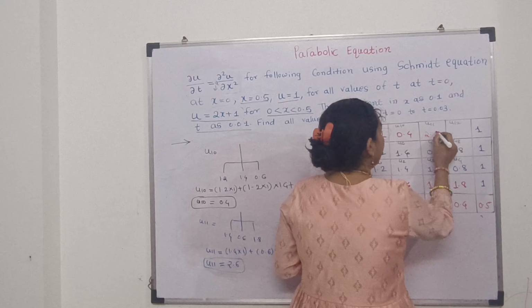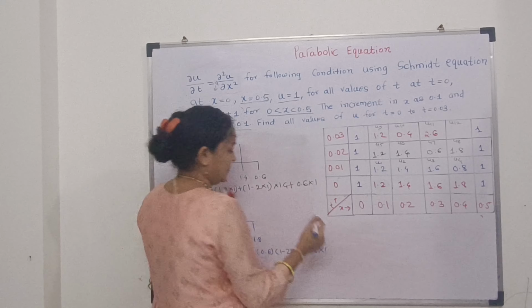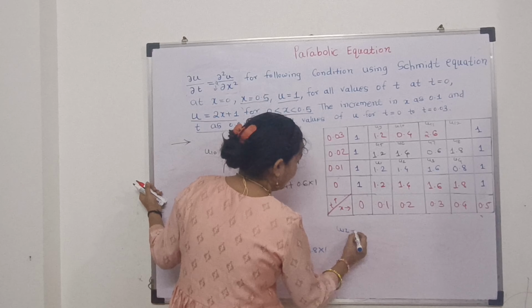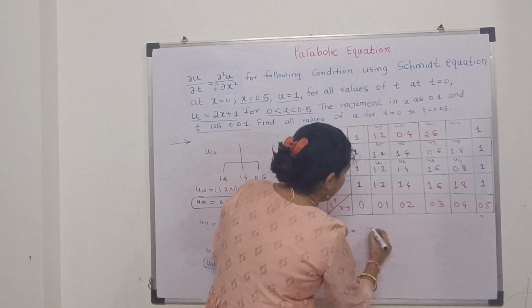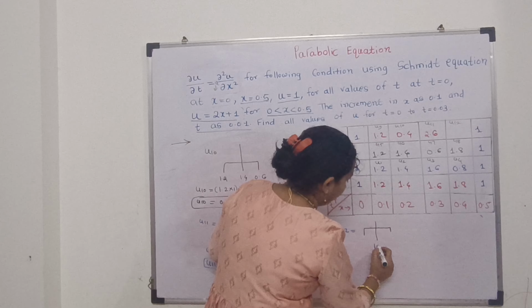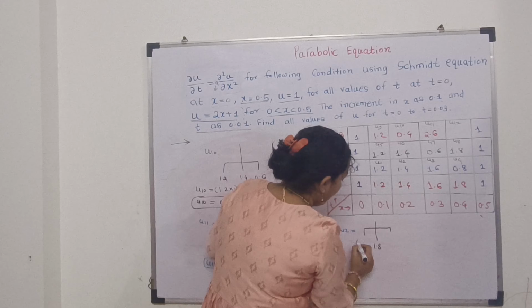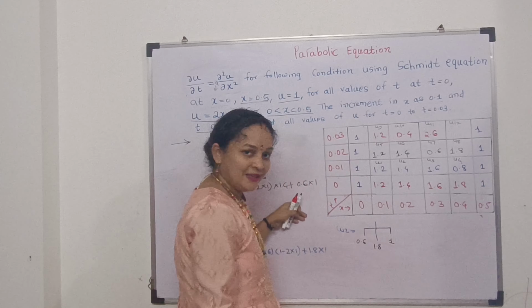Right? Similarly, you are supposed to calculate U12. Again you have to make the chart for that, 1.8, 0.6 and here it is equal to 1, right?